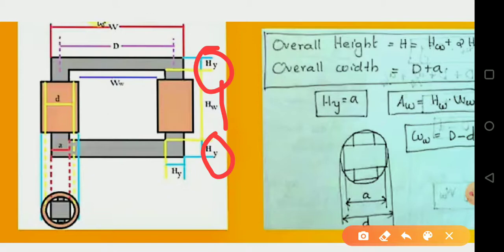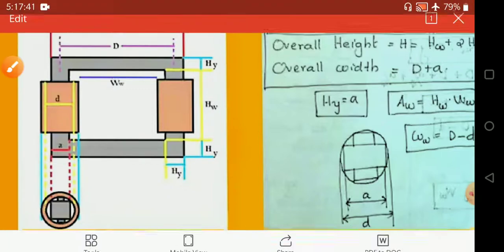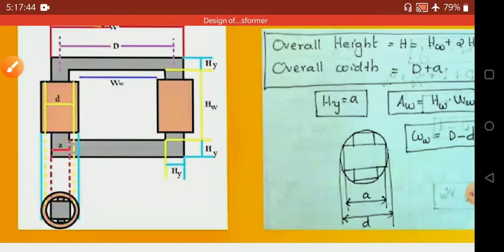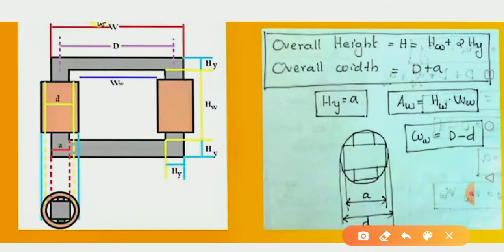HY is the width of the core, and we also represent it by A. Here this is W. W is the total width of the core, WW is the width of the window, and HW is the height of the window.